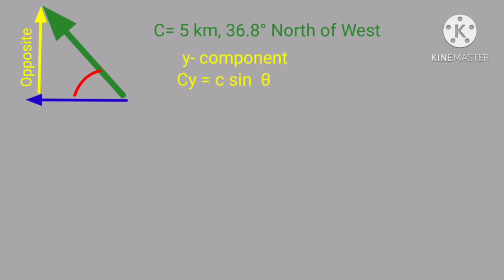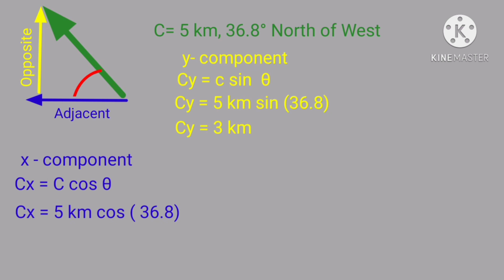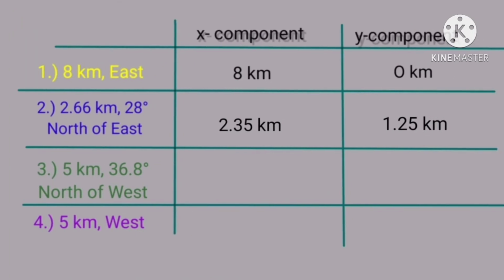The formula for the y component is Cy equals C sine theta, and substituting the values, we get 3 kilometers. For the x component, which is the adjacent side, the formula is Cx equals C cosine theta, and substituting the values, we get Cx equal to 4 kilometers. Then place the answers in the table.